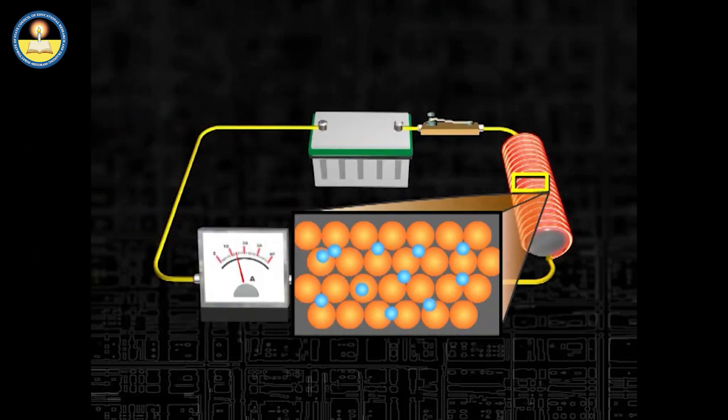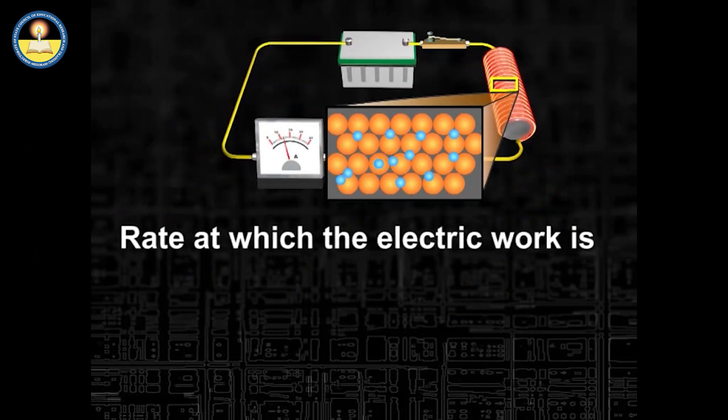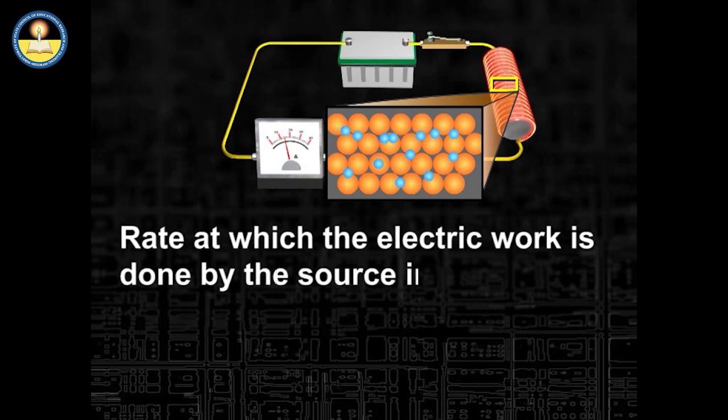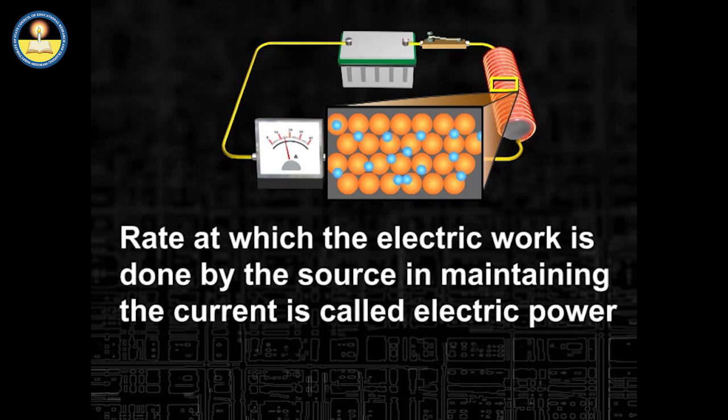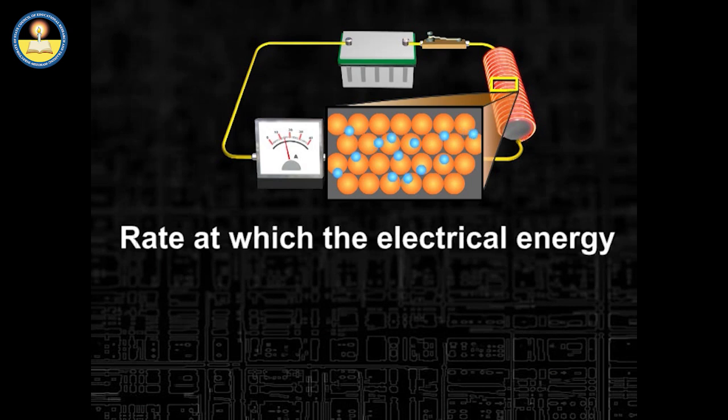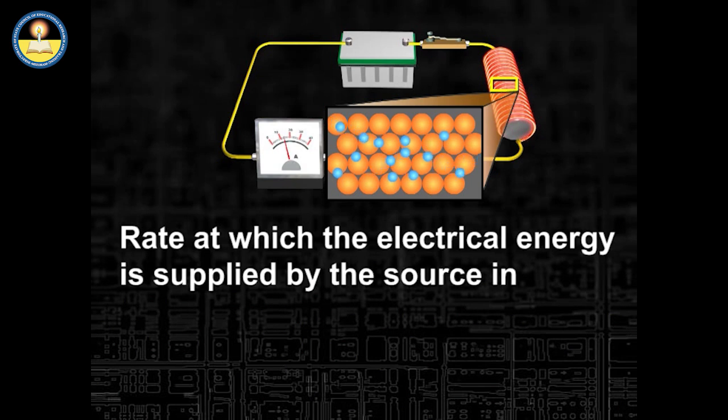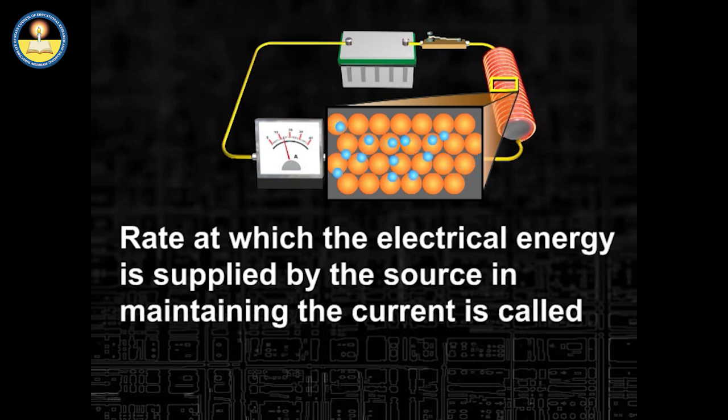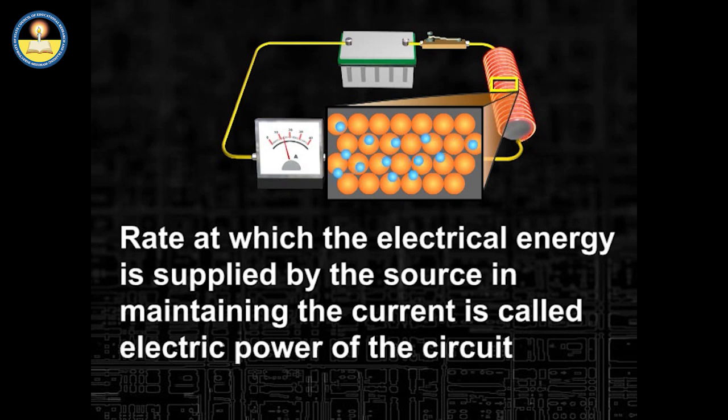In an electric circuit, the rate at which the electric work is done by the source in maintaining the current is called electric power of the circuit. In other words, it is the rate at which the electrical energy is supplied by the source in maintaining the current.